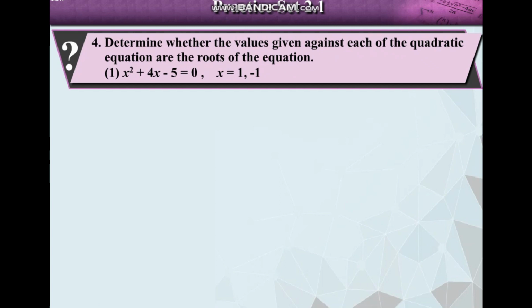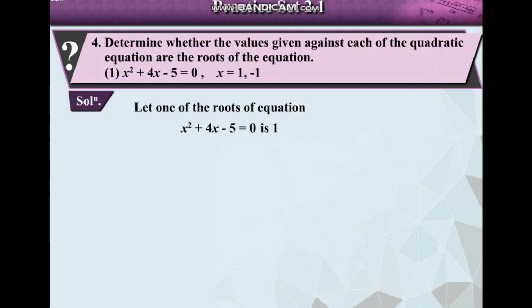Four. Determine whether the values given against each of the quadratic equations are the roots of the equation. 1. x square plus 4x minus 5 is equal to 0; x is equal to 1, minus 1. Solution: let one of the roots of equation x square plus 4x minus 5 is equal to 0 be 1.